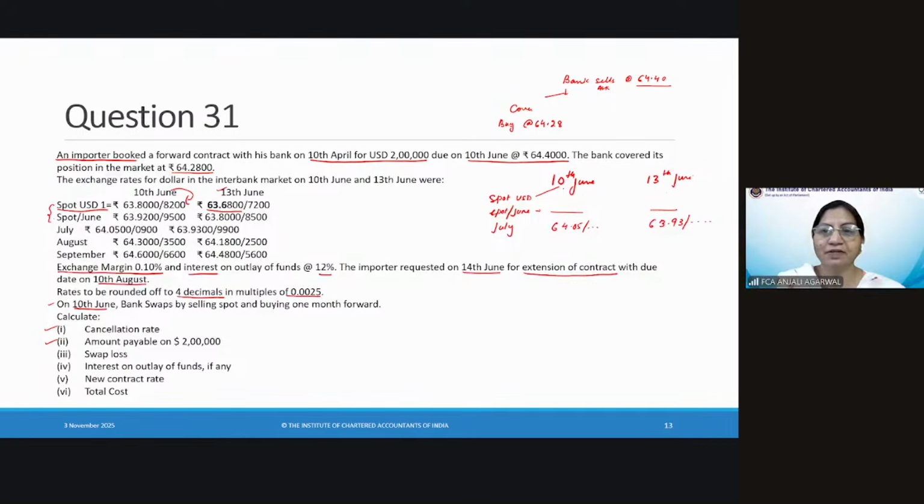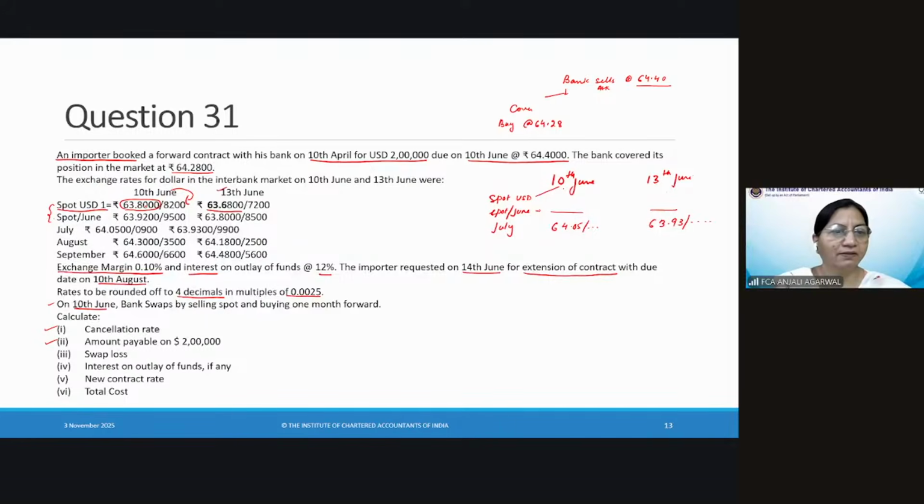Bank has agreed to buy at 64.28. So it will have to sell on 10th June itself. So when the bank sells on 10th June, the rate applicable to the bank will be 63.80. So this will be a loss or outflow of funds for the bank because it will buy at 64.28, but it will sell at 63.80.